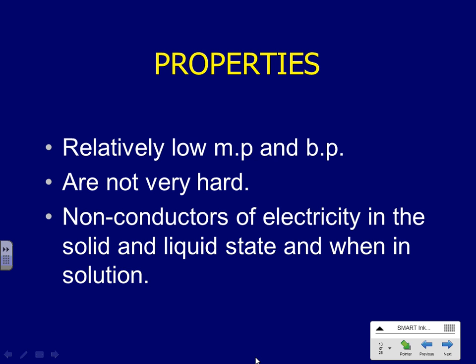They tend to have relatively low melting points and boiling points. When we say relatively, we're talking relative to ionic and metallic. Ionic compounds, high melting points. Metallic compounds, also very high melting points.